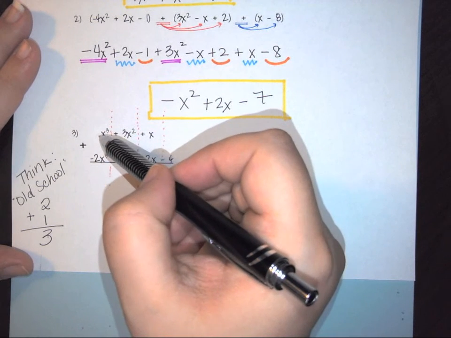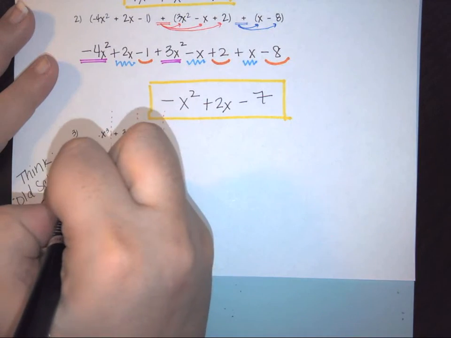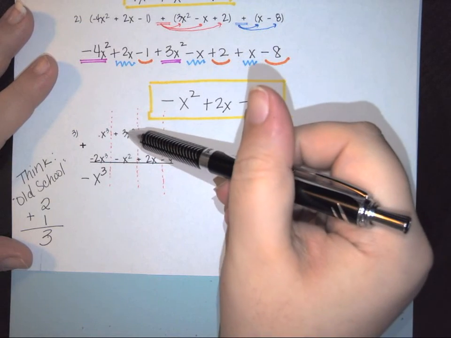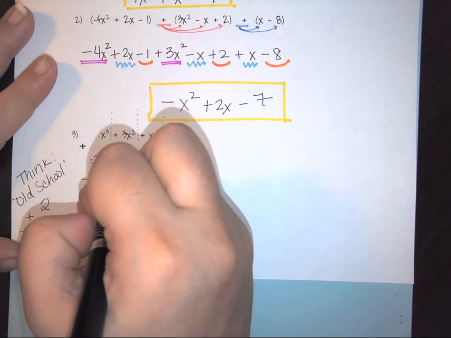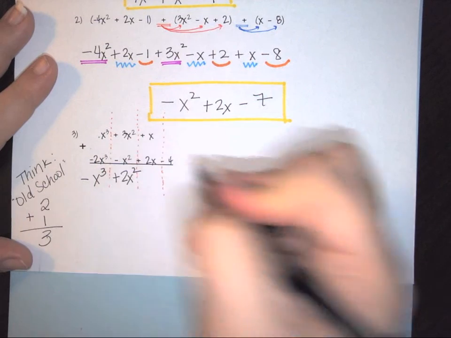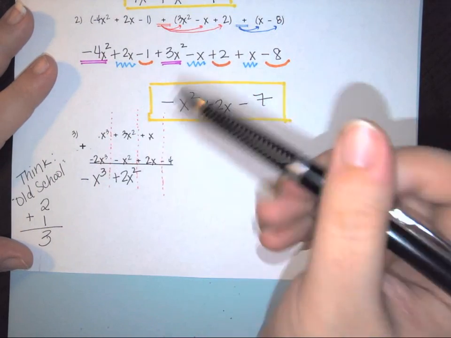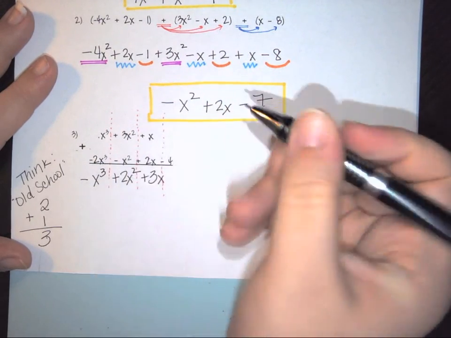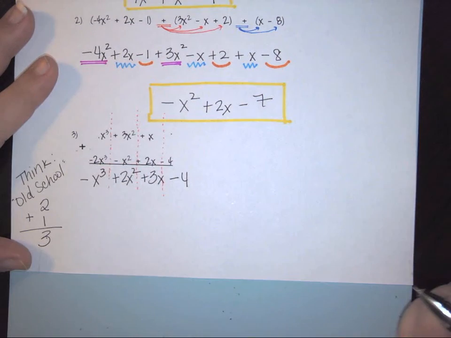So we have 1 plus negative 2 is going to give us negative x cubed. I have 3 plus negative 1 is going to give me positive 2x squared. I have 1 plus 2 is going to give me positive 3x. And then I have 0 plus negative 4 is negative 4.